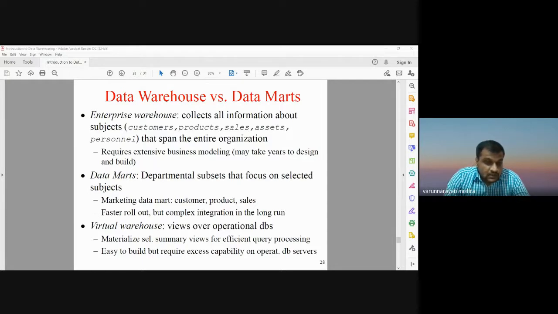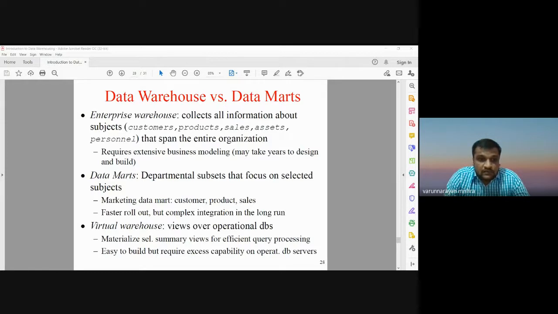Whereas data marts are defined as a departmental subset that mainly focuses on some selected subjects. It does not have the entire set of objects, it is focused on selected objects, such as the marketing data mart, that is customer, product, and sales. It has a faster rollout but complex integration in the long term.